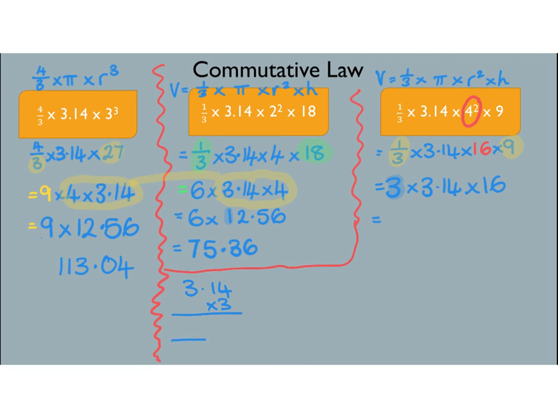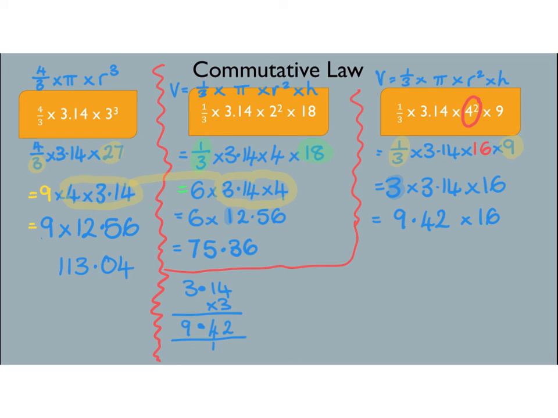Remember, you don't have to do it in this order. If you want to do it in a different order, go ahead. It's all right, as long as you get the same answer. 3 times 4 is 12. 3 times 1 is 3, plus the 1 is 4. 3 3s make 9. 9.42 times 16. So this is the bit that's going to be a little bit annoying.